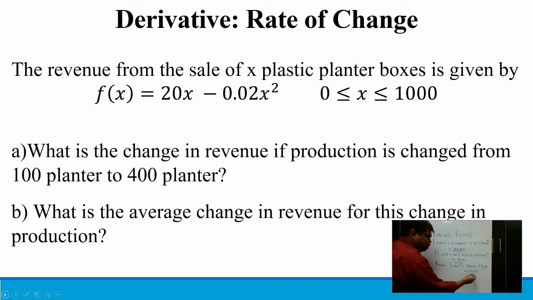The value for revenue is 3,000, or in Malaysia we call that RM 3,000. In Europe, it will be $3,000.